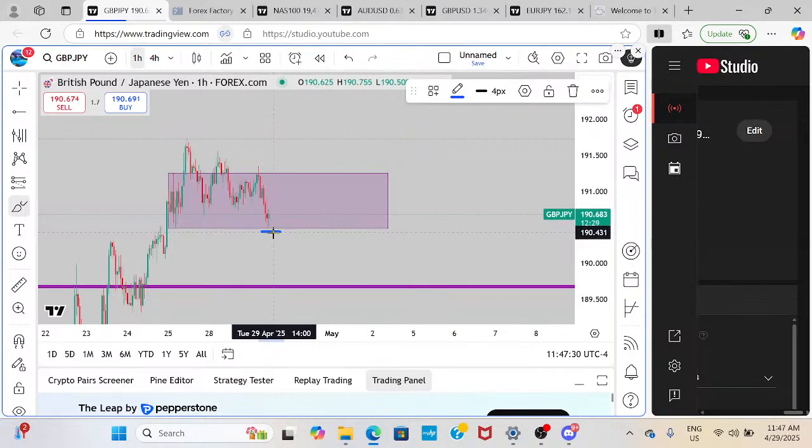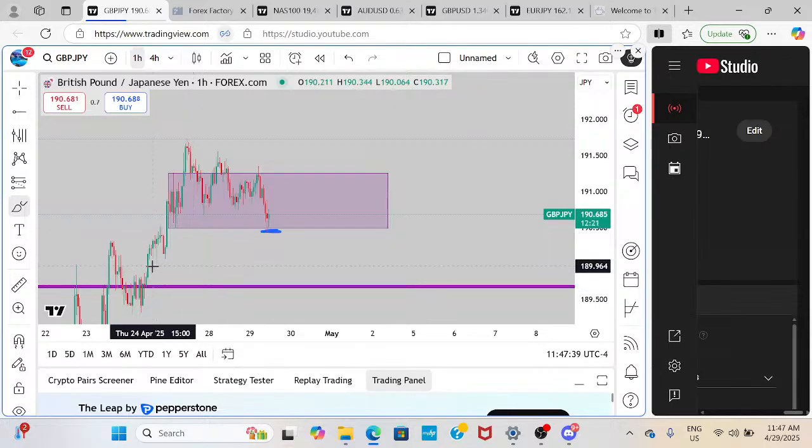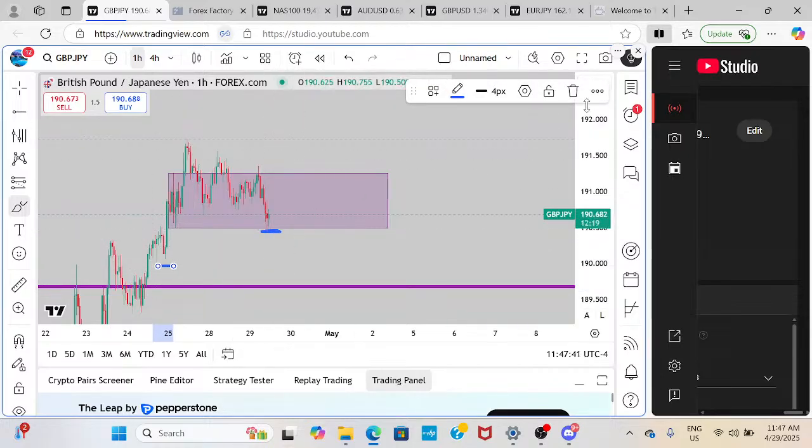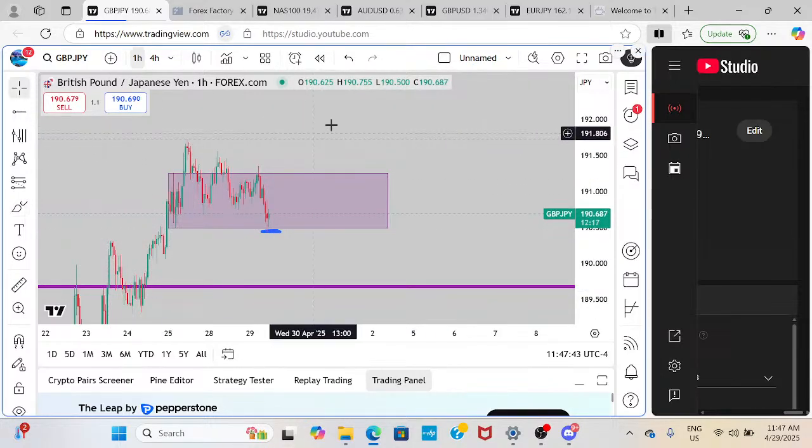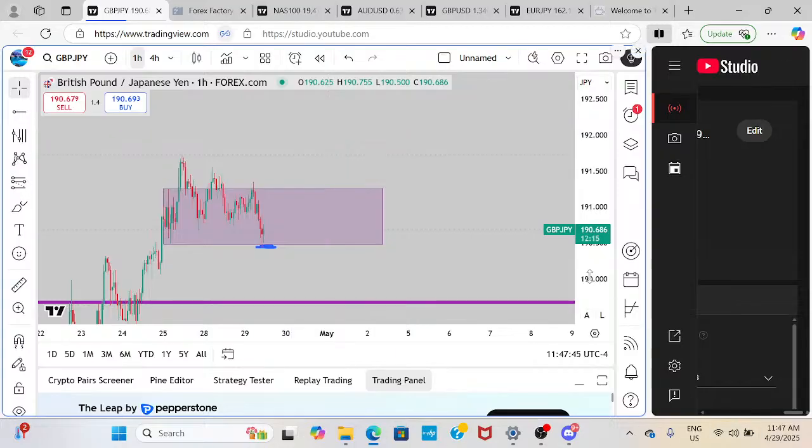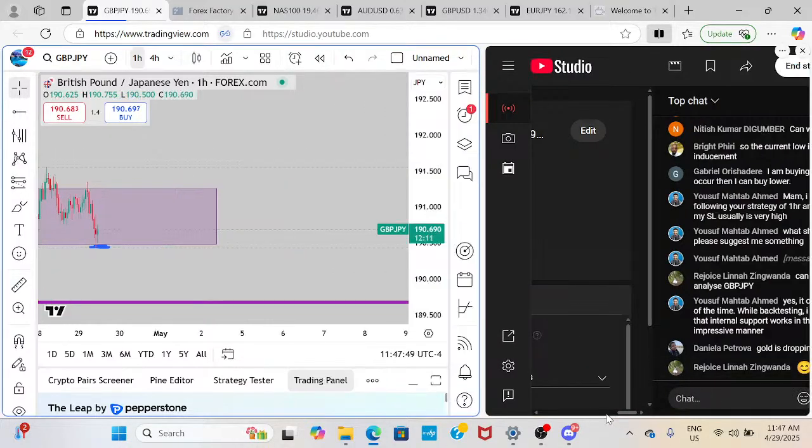Which will most likely be this one here. If the price is able to make it all the way here, this 190 would be now a good area to set your stop loss, right? You move it from here to now here, and then you keep trailing it all the way up. Okay, so that's the analysis on GBP/JPY.